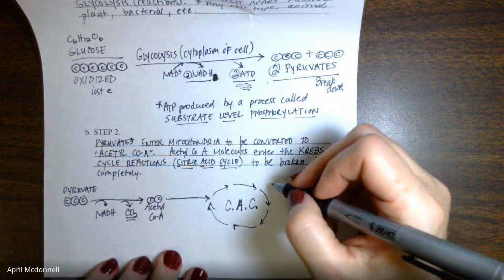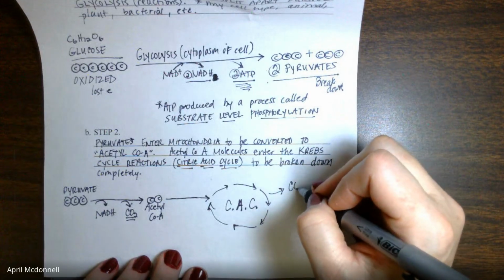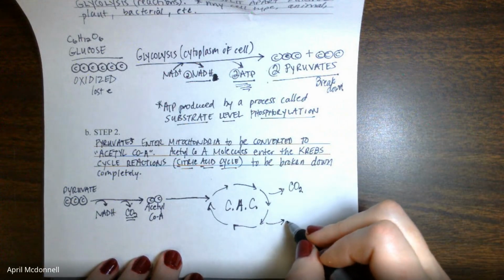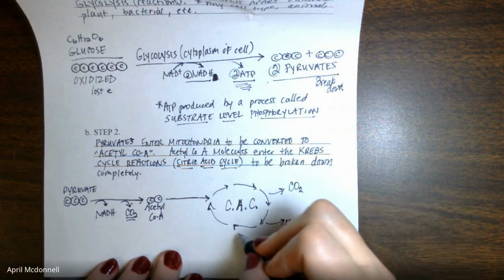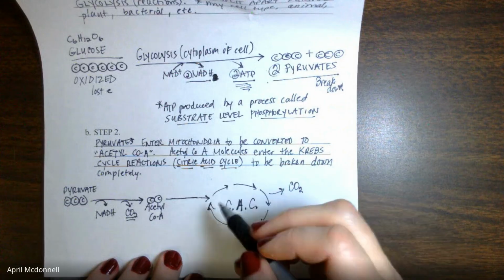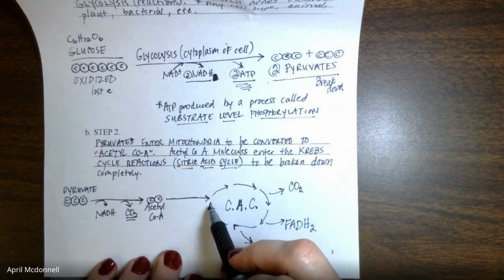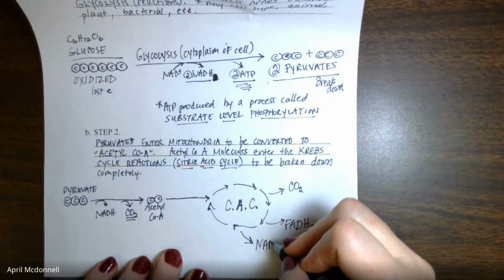Along the way of the citric acid cycle, we have some carbon dioxide molecules produced. We have some energy carrier molecules produced. And we also end up with citric acid, which is an organic substance that we begin with at the same time as well.